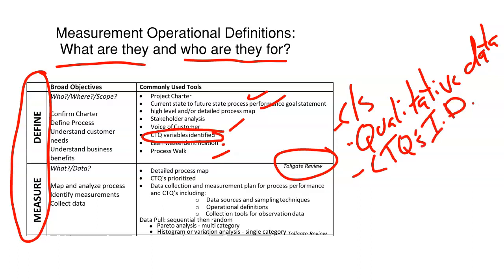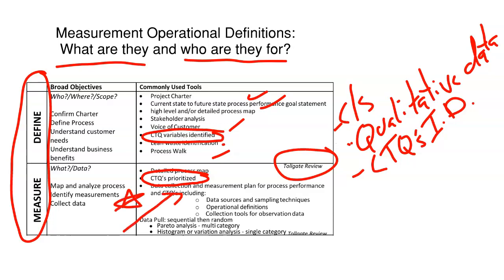Your team and yourself worked really hard to craft these CTQs and prioritize them. And now in the measure phase, you're going to go out and want to get data on it. We build this data collection and measurement plan to help make sure that the information that we collect is as accurate as possible. So we're right here.